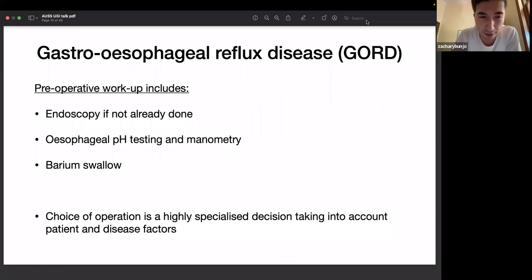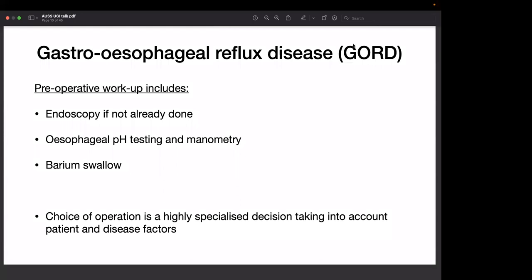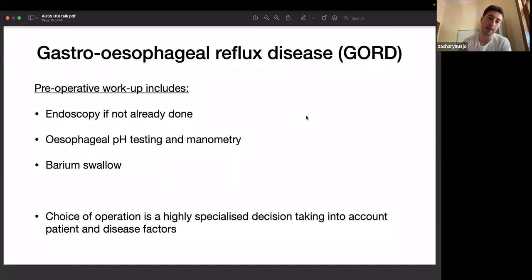And a barium swallow, why might that be pertinent? Strictures or cancers? Yeah, so you might pick up on an obvious intraluminal filling defect suggestive of cancer. I mean, if they've had an endoscopy, that'll pick up on it anyway.